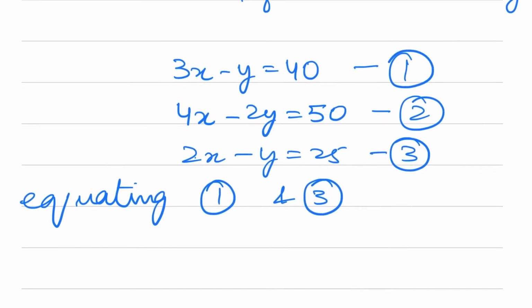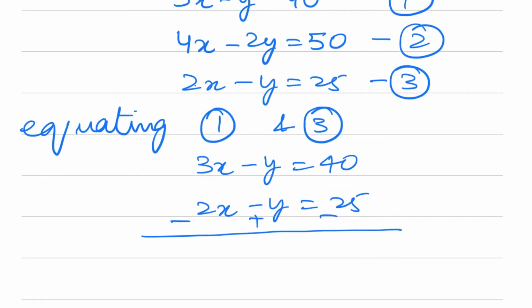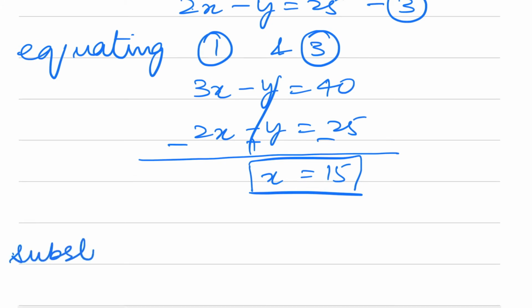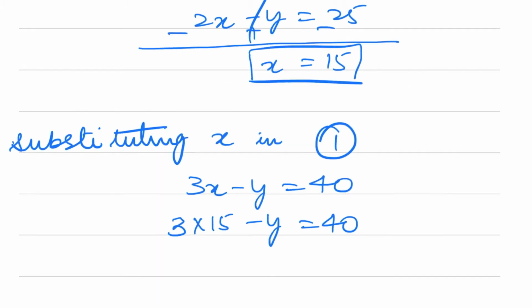Okay, so now equating first and third we have 3x minus y is equal to 40 and 2x minus y is equal to 25. Now subtracting, the signs change because we are subtracting these two equations. So this gets cancelled, x is equal to 15. Substituting x in first equation, 3 into 15 minus y is equal to 40.